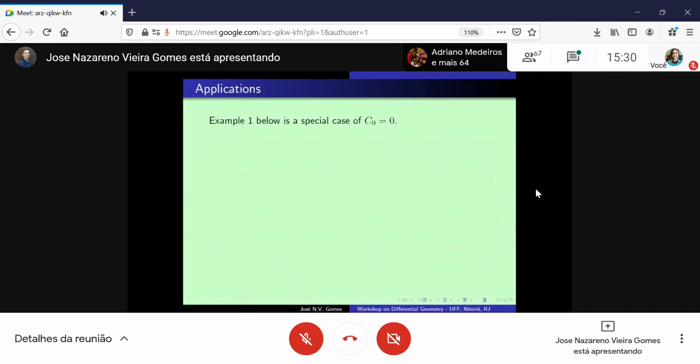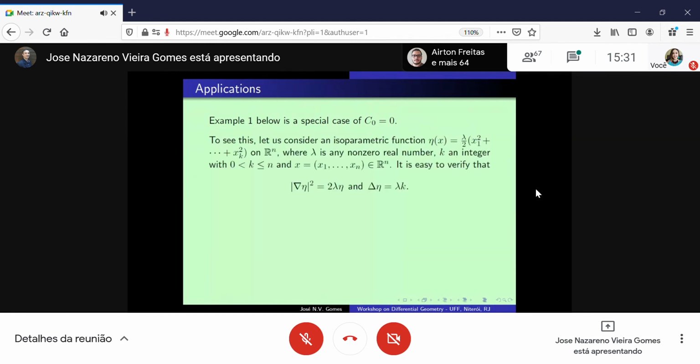Applications. Example 1: below is a special case of C0 equal to 0. To see this, let us consider the isoparametric function, this one, where lambda is a non-zero real number and k is an integer between 0 and n.